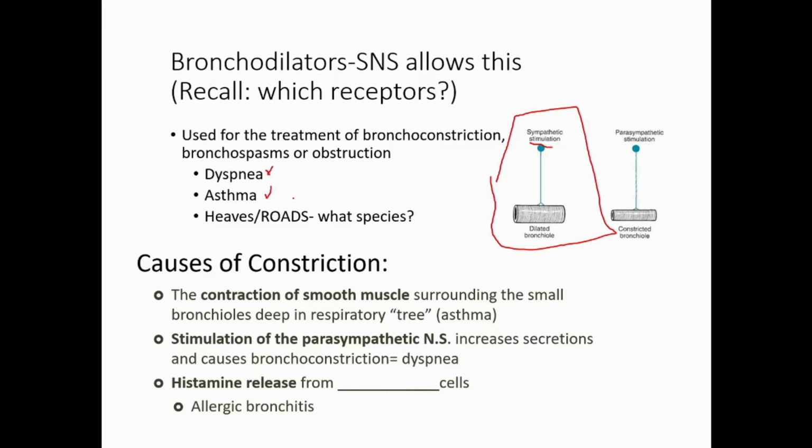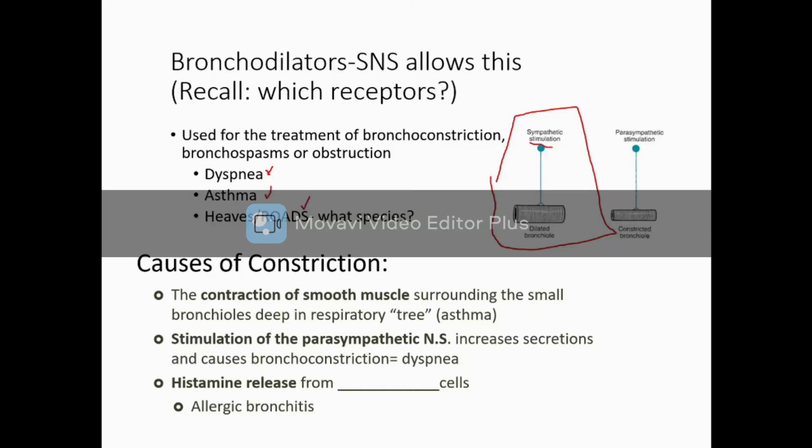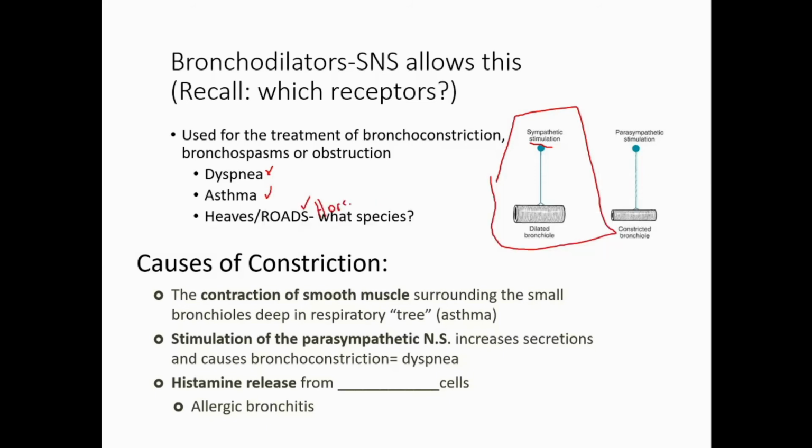Asthma, primarily in cats, and heaves or recurrent obstructive airway disease syndrome, and that is found in horses. Okay. Cats for asthma typically. Horses get heaves. It's like COPD. Looks a lot like asthma, but it's slightly different.